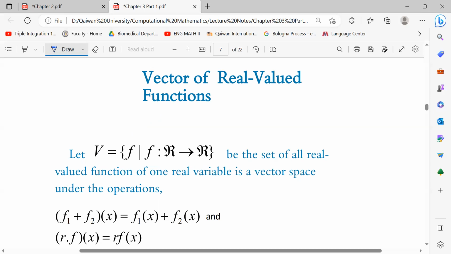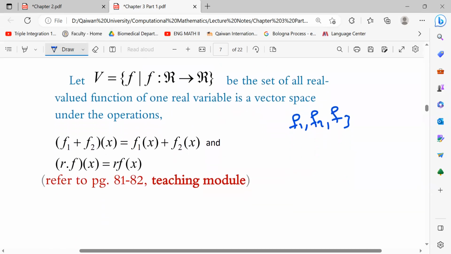Okay? We need to show that V is a vector space. That means we must satisfy all the axioms by these functions. Let's say we have f1, f2, and f3. We must satisfy all the conditions. What are the conditions? The axioms.